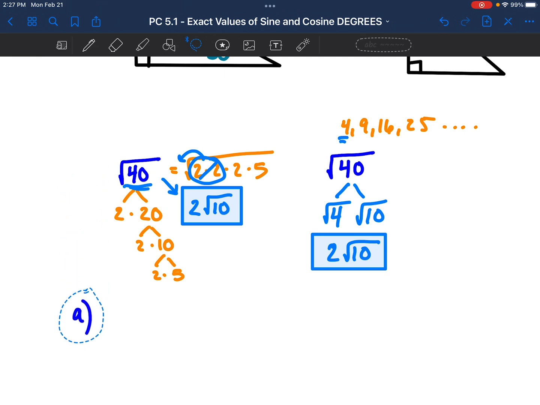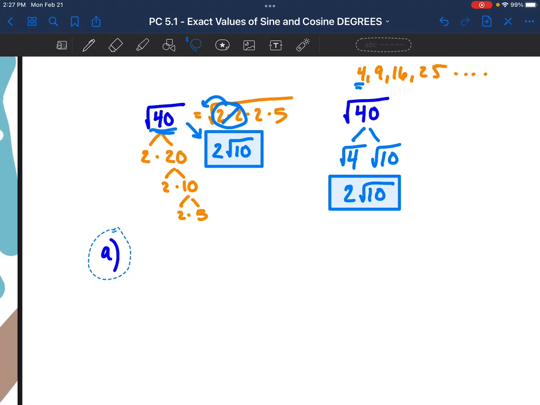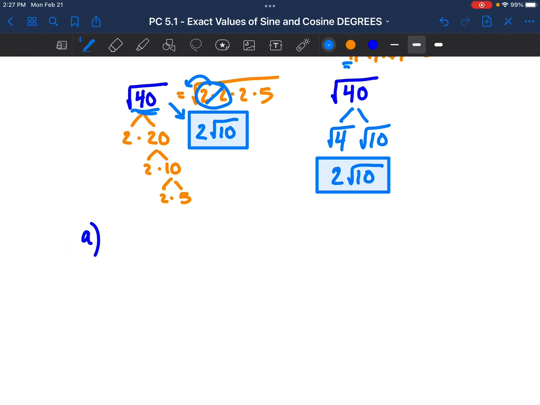So that comes in handy on A. This wasn't even the problem on your warm-up. Let's go over A, which was square root 72. The easiest way, in my opinion, is looking for the largest perfect square factor that divides into this.